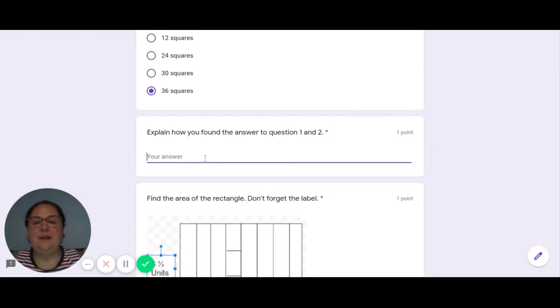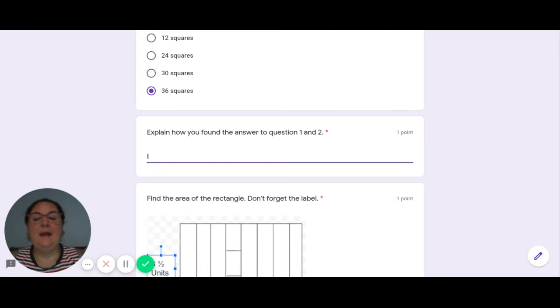Explain how you found your answer. I accepted a lot of answers. However, I need you to use math words. So when you're doing a problem like that, this is what I want you to type. This would be the perfect way to write this answer. Okay?